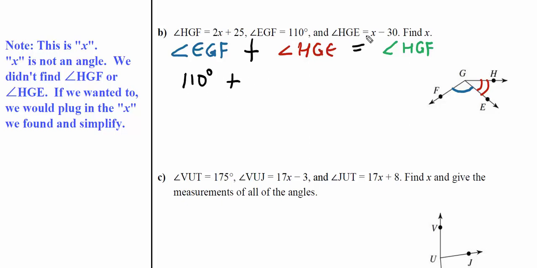HGE is x minus 30. HGF is 2x plus 25. These are very popular problems on the Common Core test, on the NWEA benchmarks, on the SATs, on the ACTs. So let's get this really good, because it's going to pop up many times.